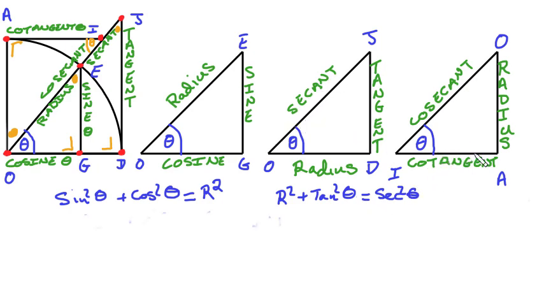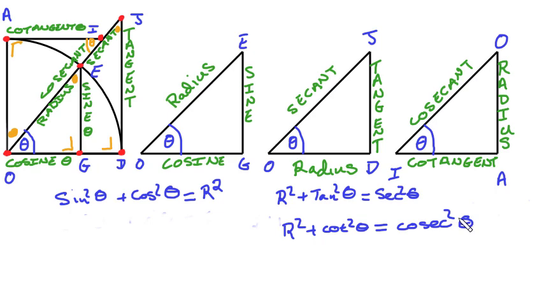And in this final triangle over here, we can see that the radius squared plus the cotangent squared, where cot is short for cotangent, is equal to the cosecant squared. Okay?